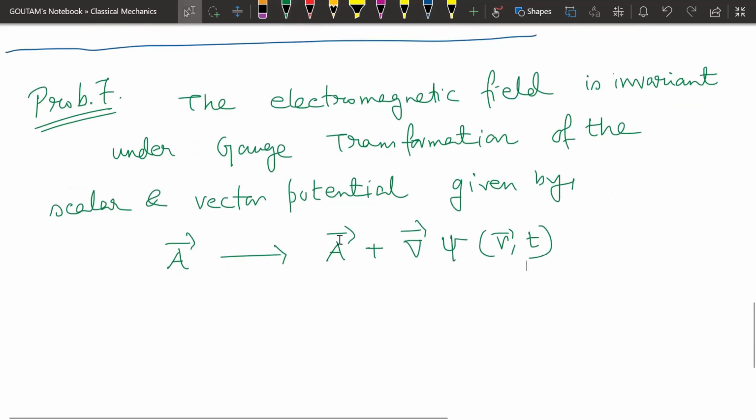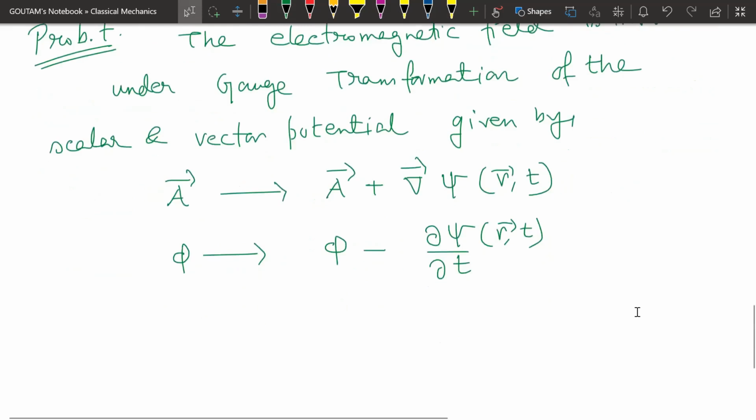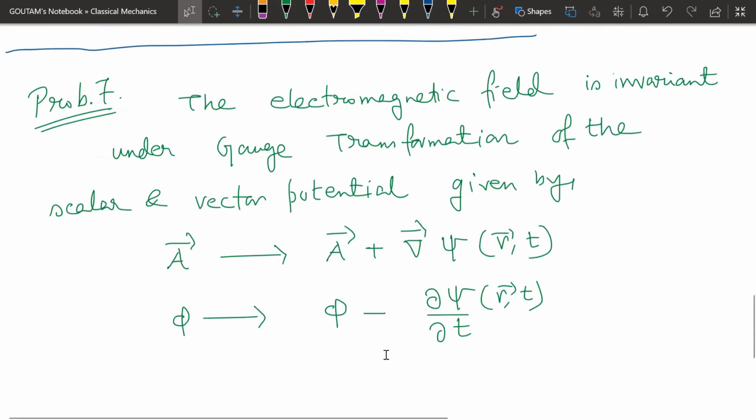So the vector potential can be changed by this gauge transformation in this way. And the scalar potential we can redefine like phi minus del psi(r, t) del t. So we can change these potentials and define them in this new way using psi, but the electric fields will be intact.